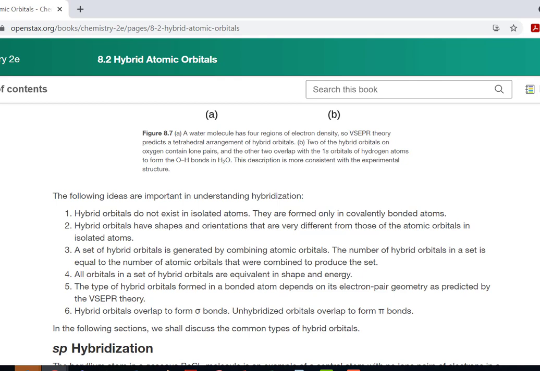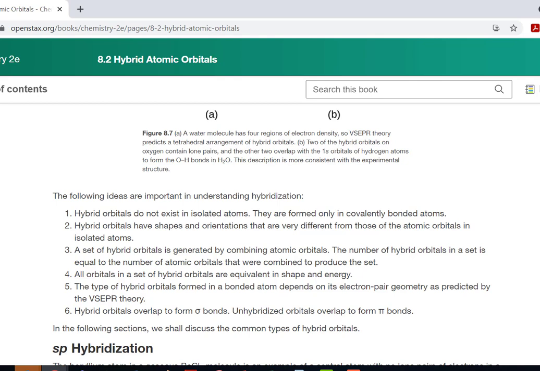If it were within a covalently bonded molecule, it might have hybrid orbitals. The shapes and orientations of hybrid orbitals are not the same as those that exist in atomic orbitals in isolated atoms. So we don't have spherical shapes. We don't have the symmetrical lobes that we had. We have different kinds of shapes here.